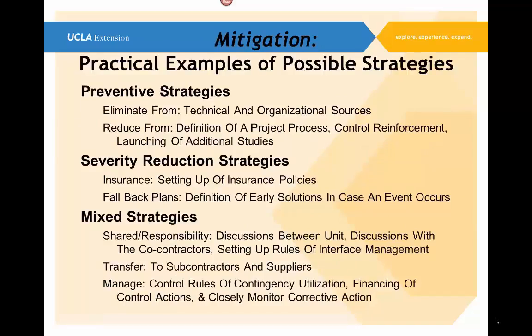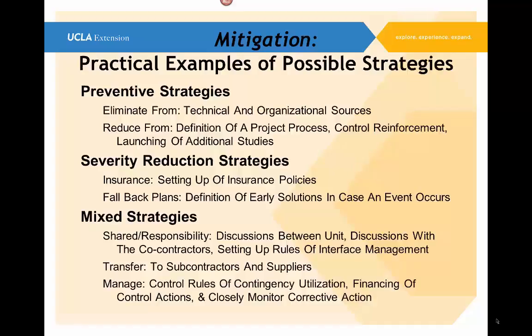Also, when we talk about mitigation, here are some practical examples of possible strategies that are a little bit more esoteric. If we're looking at preventative strategies, try to look at risks that may originate in technical organizations or some kind of organizational issues. Try to eliminate them, identify what they are, and see if there's some way to neutralize them.